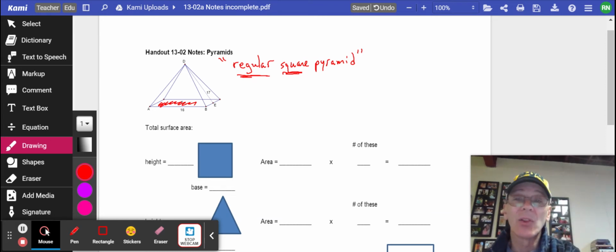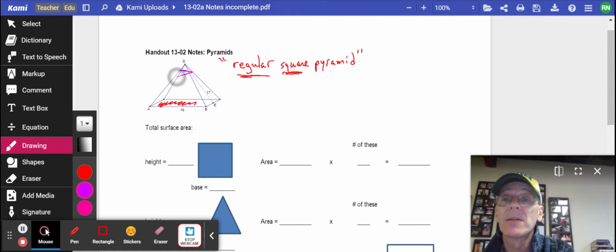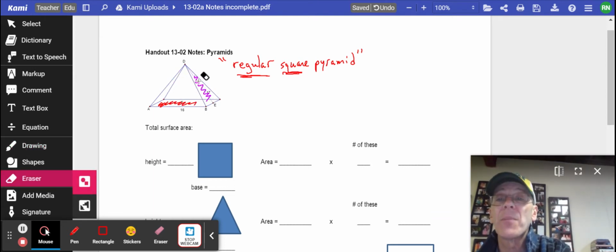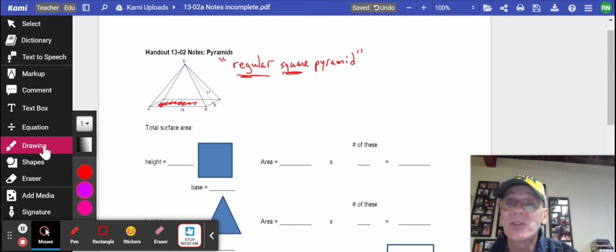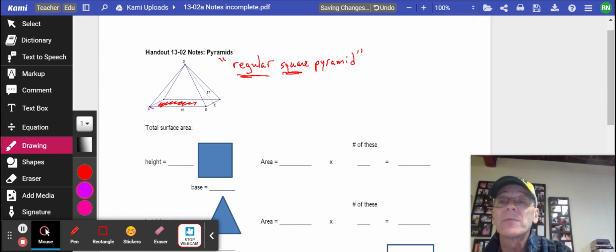Okay. It may look, from the perspective of this picture, like this triangle in the front, let's say, might appear to you to be a lot wider, bigger than this triangle on the side. But think about it. If the base of this pyramid is a square, okay, then this side of the square from A to B, 16, that must be the same length as this side of the base.